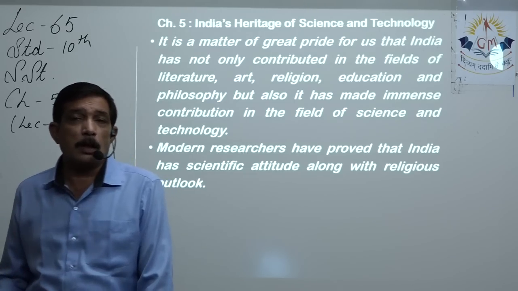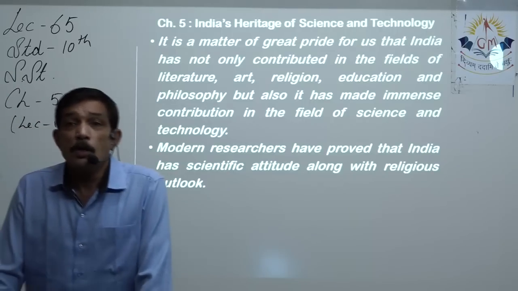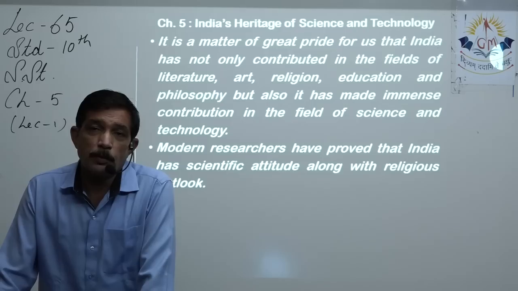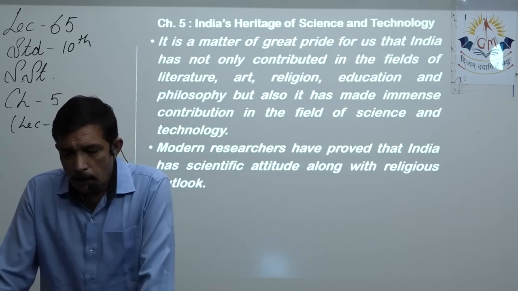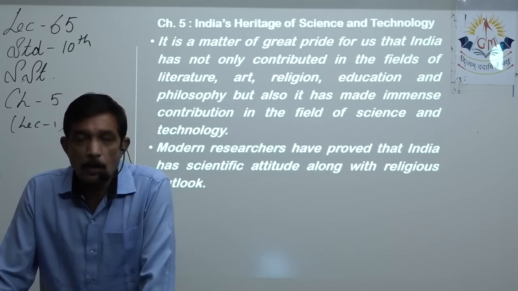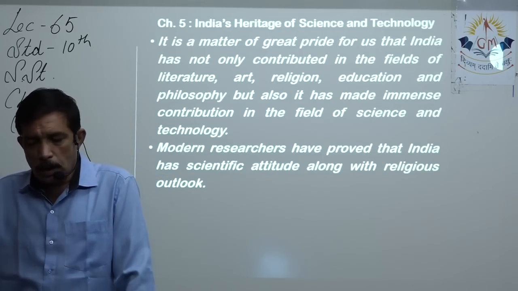This will be the correct time when the comet arrives. So we have been able to predict this. Modern researchers today prove that, along with literature, art and religion, we also had quite a serious outlook in science and technology.